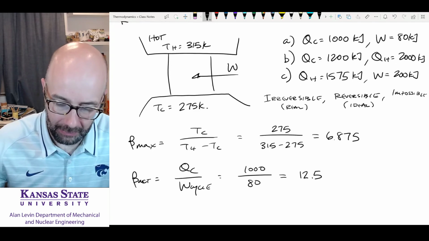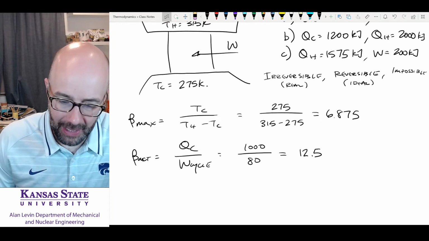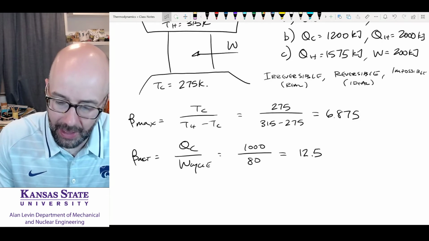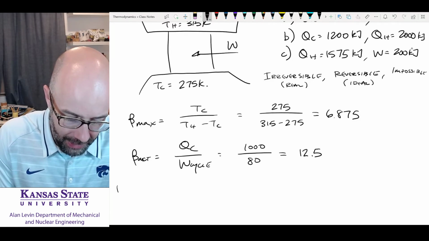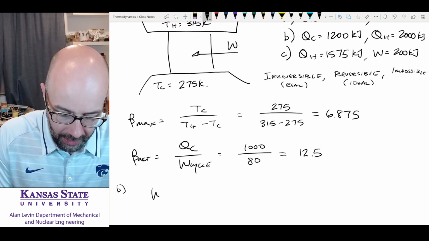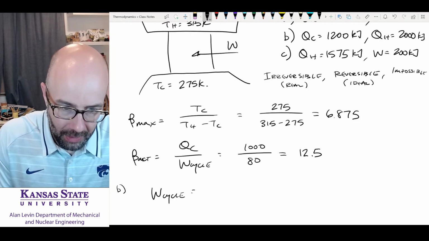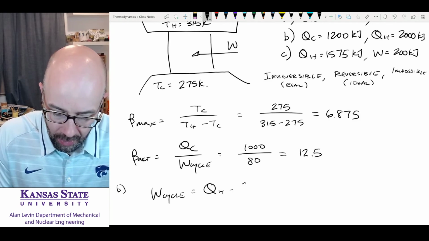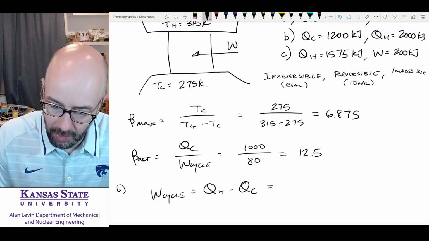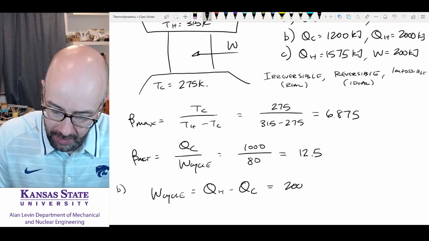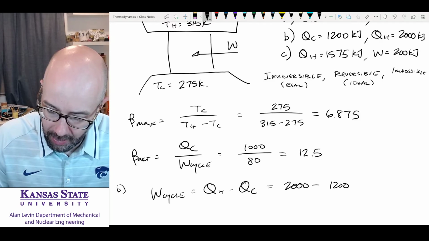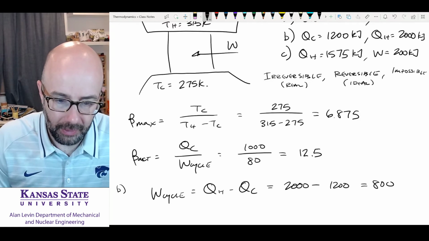Okay, let's look at B. They give us a little bit different thing here. They gave us QC and QH, but we remember for B that the work of the cycle is equal to QH minus QC, which is equal to 2,000 minus 1,200, which is equal to 800 kilojoules.